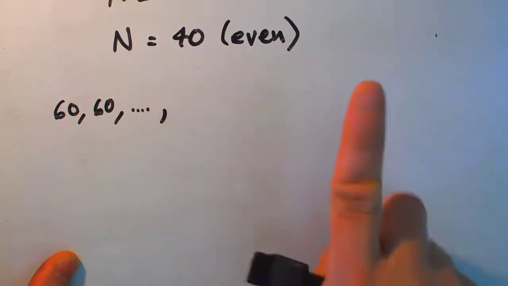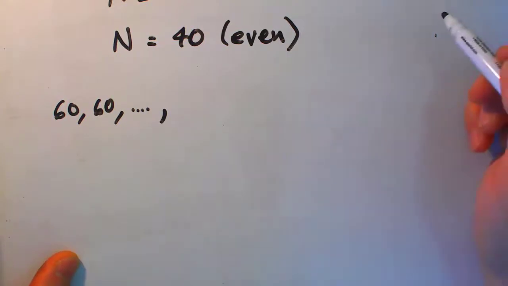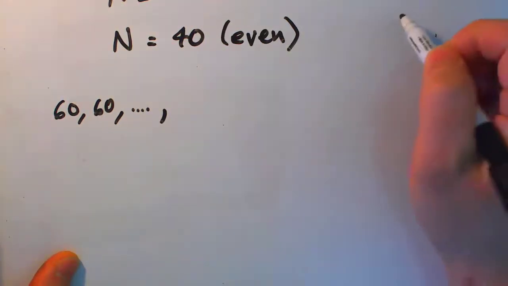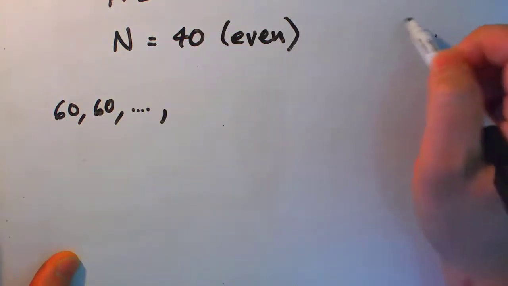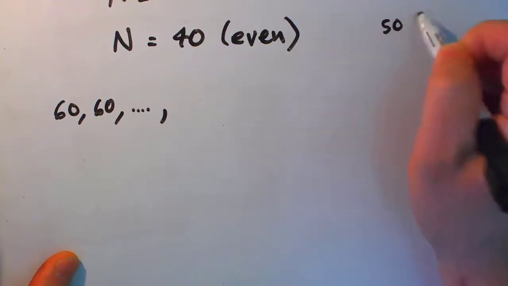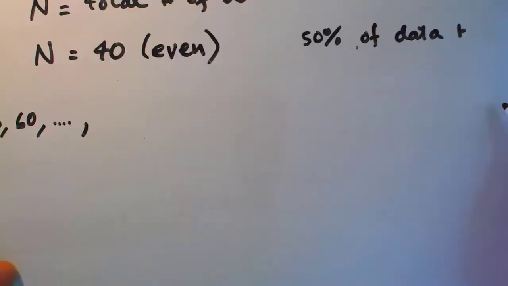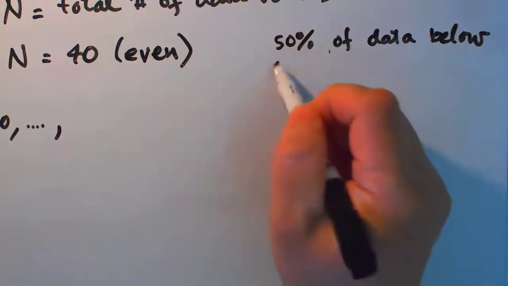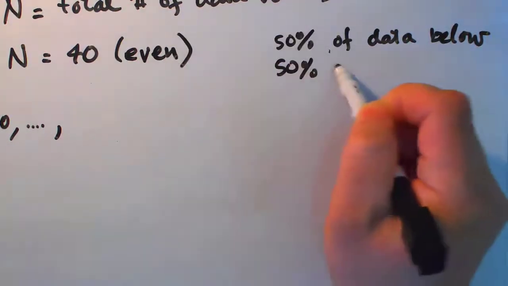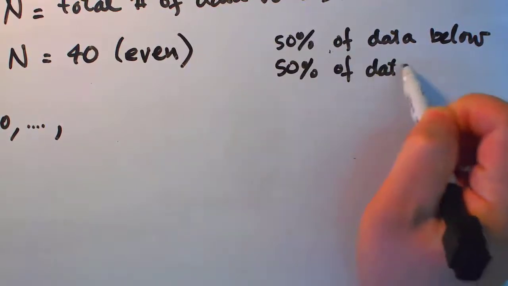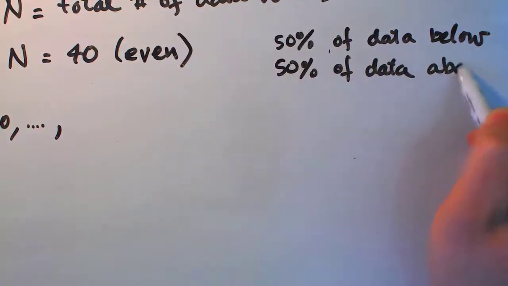So remember the concept of the median is we're looking for the cut where it has 50% of data below, and the other half, 50% of data above that cut.